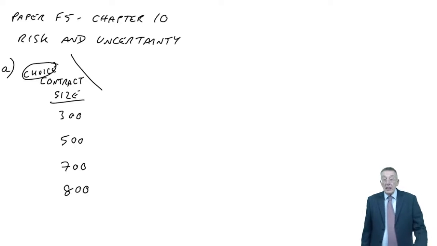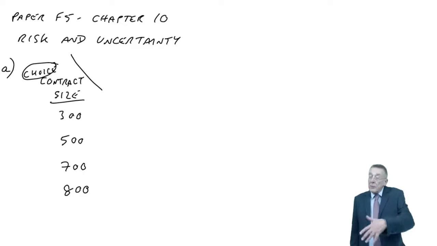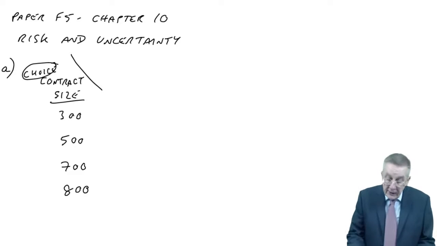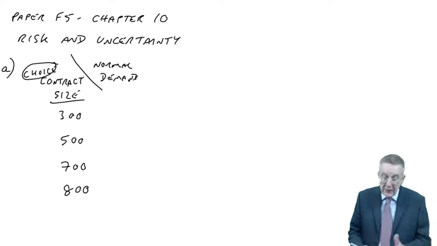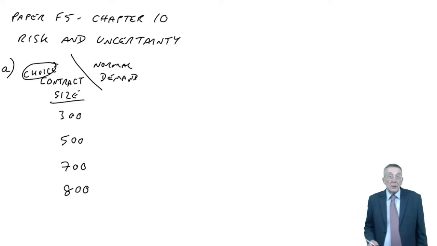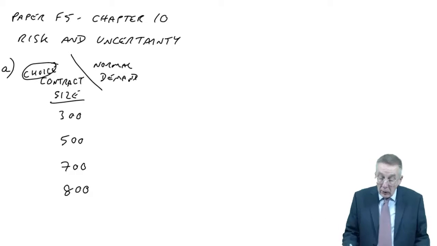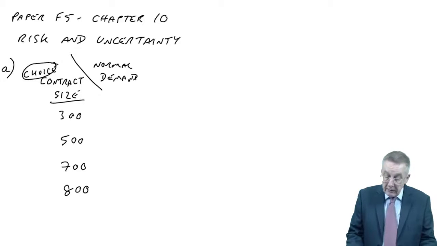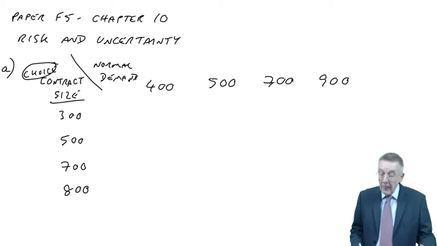However, whatever contract size we end up choosing, the profit will also be affected by the level of normal demand. If we sign a contract for 300, for example, we'll sell them 300, but we can produce lots more. So we'd also sell to normal demand, but that could be 400, 500, 700, or 900.